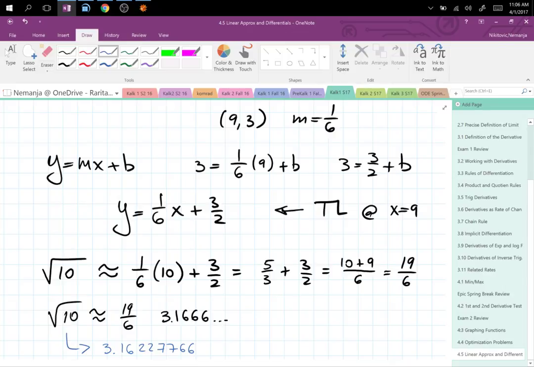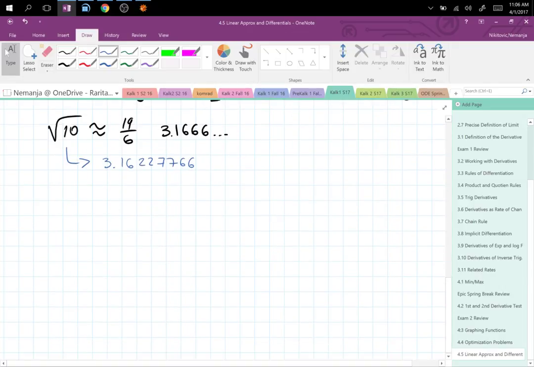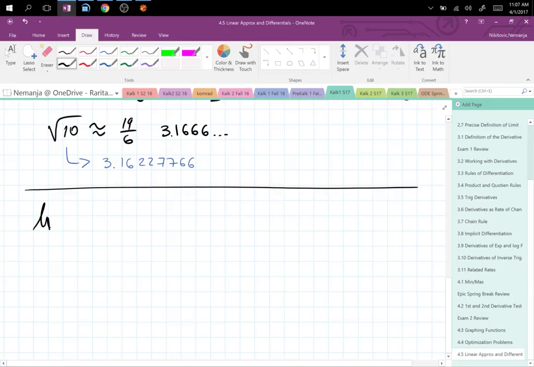So you can use this technique to compute tangent of 12 degrees, to compute ln of 3. Let's compute ln of 3 because we can. So how much is ln of 3? You have the technique. Define the function. What will be the function? ln x. Good.